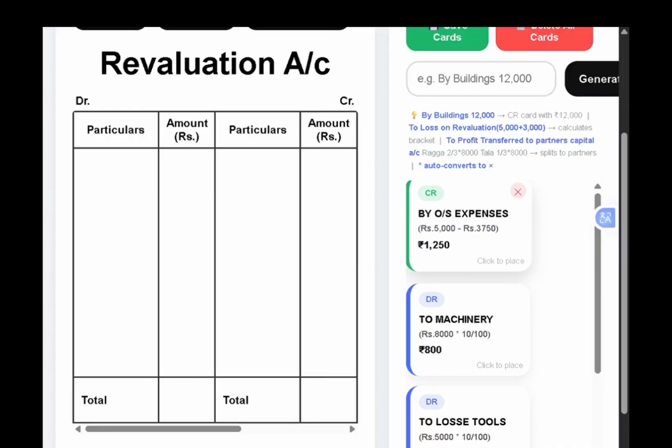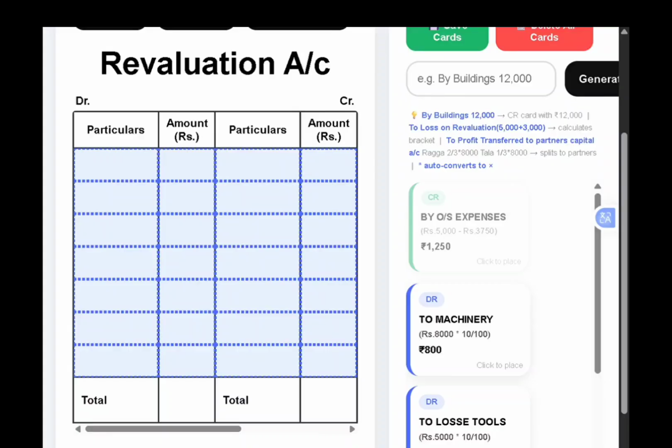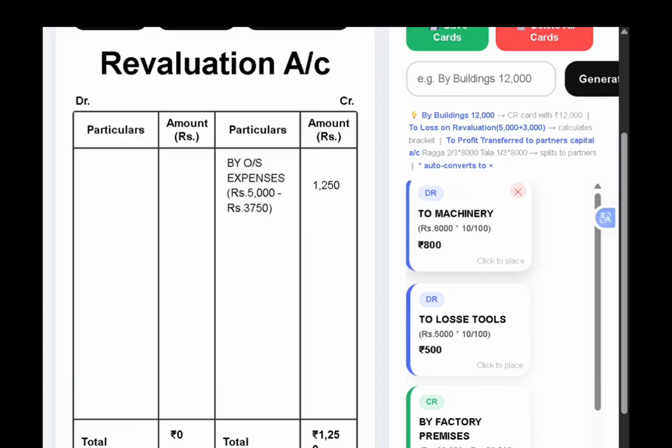The calculation will be 5,000 minus 3,750, so the decrease in the outstanding expenses will be 1,250.